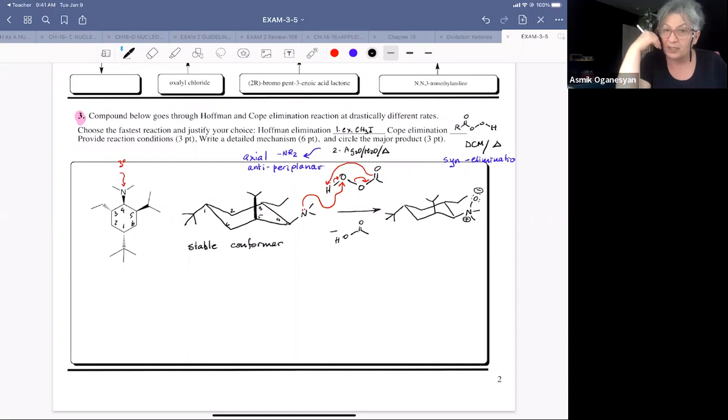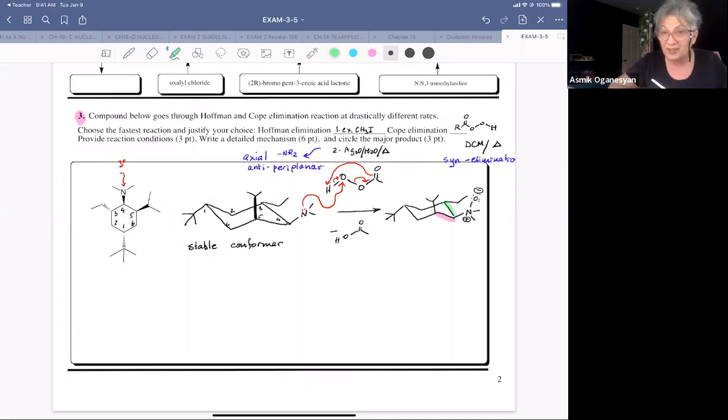Now remember, in Cope elimination reaction, I'm going to form a 5-membered ring. One of the bonds that I expect to form as a double bond is going to be either the pink one or the green one.